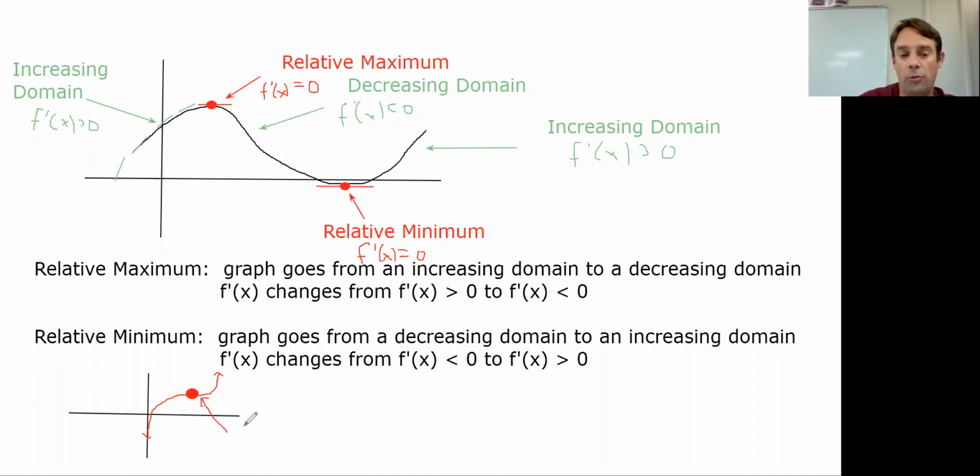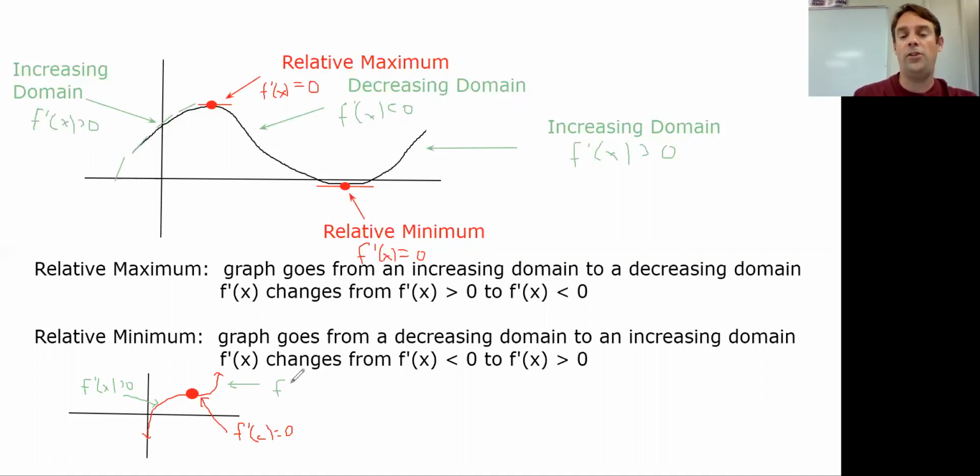It'd have a horizontal tangent line. So that c value would have a derivative value equal to 0. But notice, it's not a relative min, it's not a relative max, because the graph went from increasing, or a positive value, and it stayed positive.